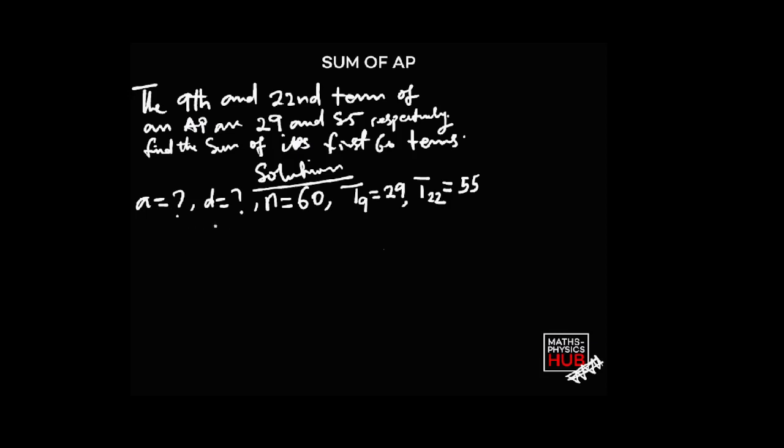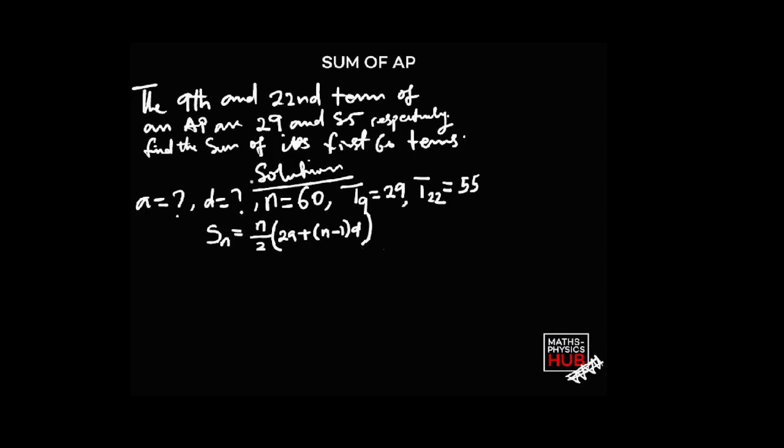The formula we want to use is Sn equals n over 2 into bracket 2a plus n minus 1 times d, close bracket. This simply means that we don't have what we need to solve the equation. We only have one out of three. So how can we find those other two?